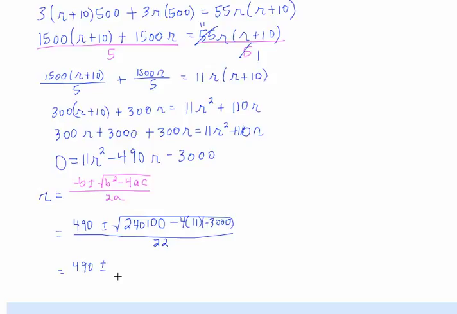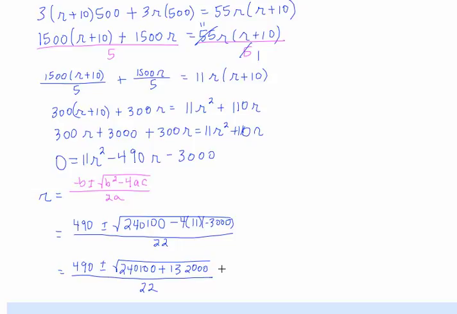So let's see what that comes to under the radical. This would be 4 times 11 times 3000. So I get the square root of 24,100 plus 132,000. Hopefully this will simplify a little bit.